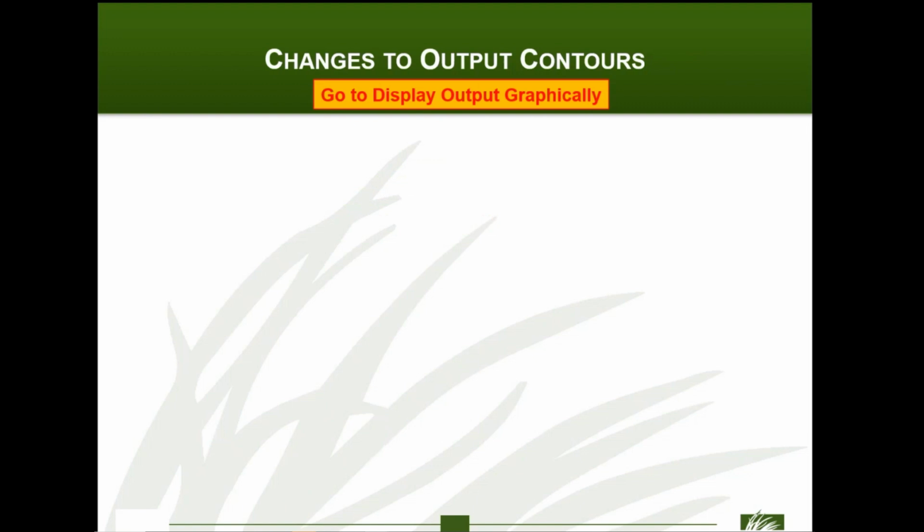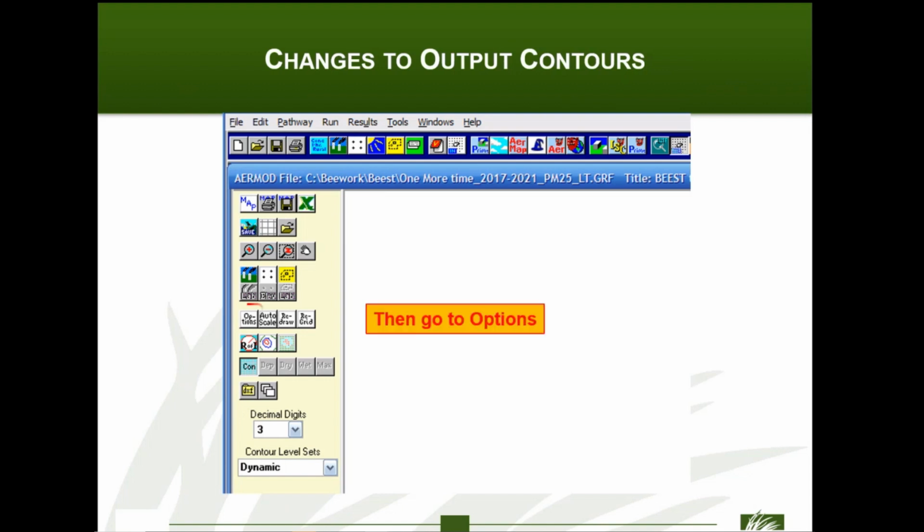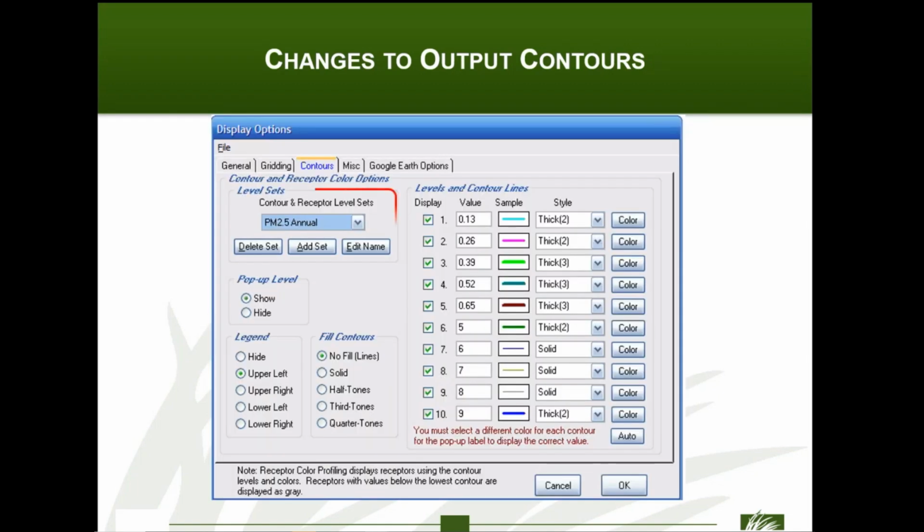So if you go to display output graphically, and over here in the options button, kind of in the middle of the screen, left-hand side, go to options, and there's contours, this is the third tab over, and there's where you see a circle contour and receptor level sets.